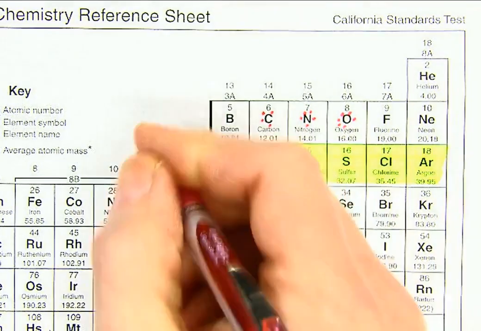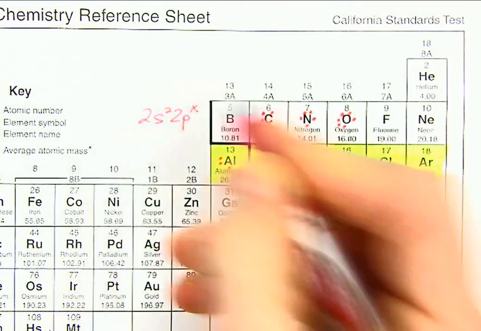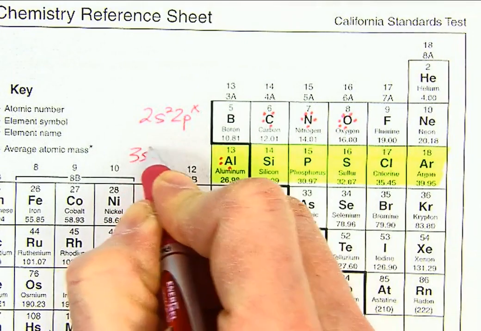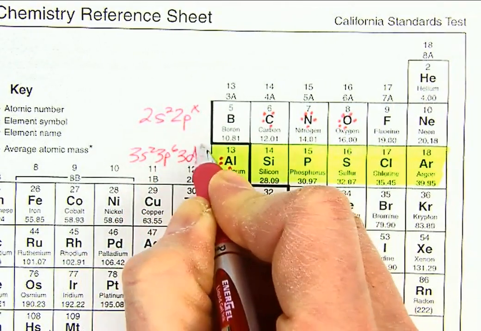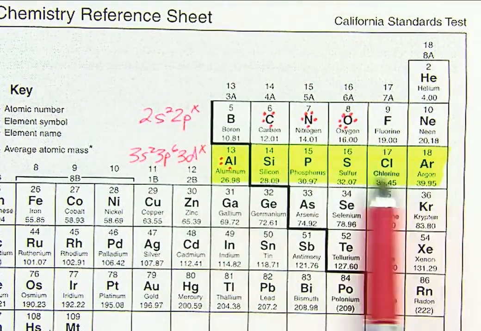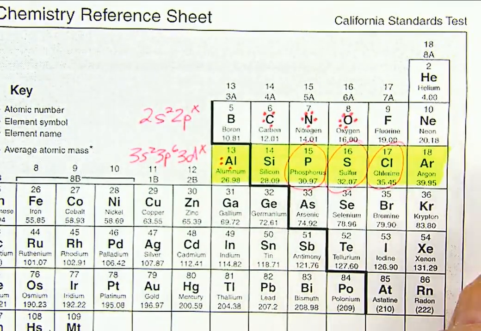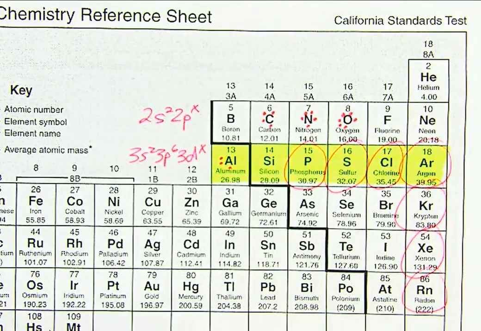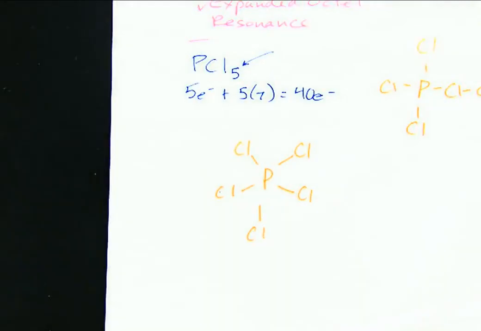If you remember, these end with 2s2 and 2p something. But here we have 3s2, 3p6, and then there's also this d that is available, and that's why we're allowed to do that. So generally the ones that we're going to see will include these and any of these. So be ready for it. These also.